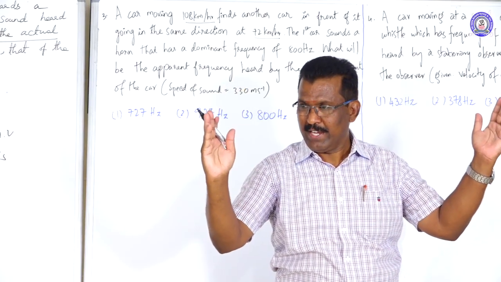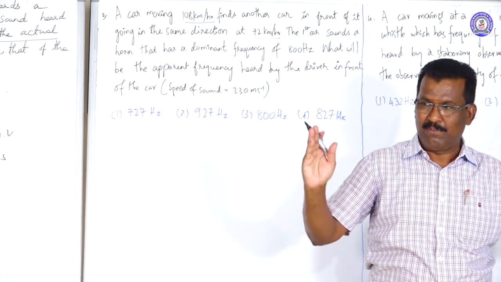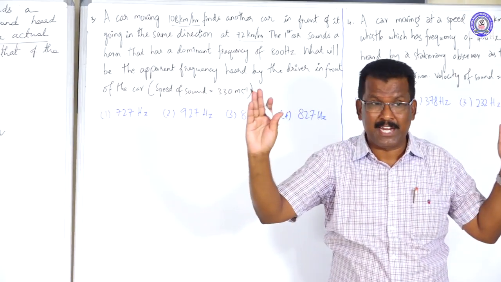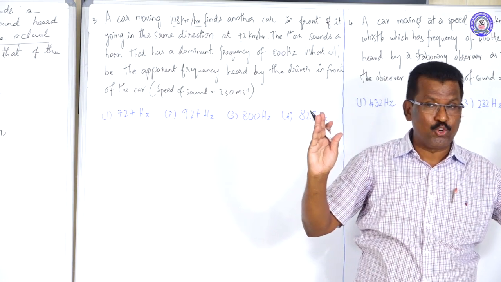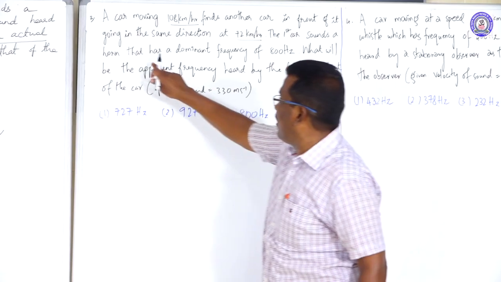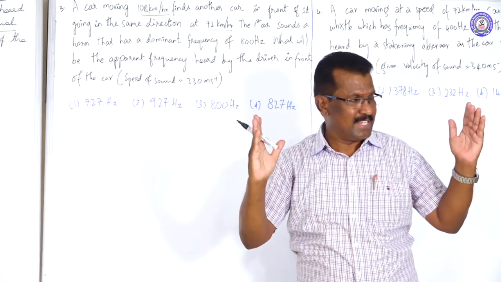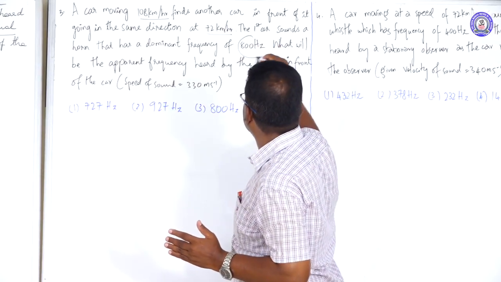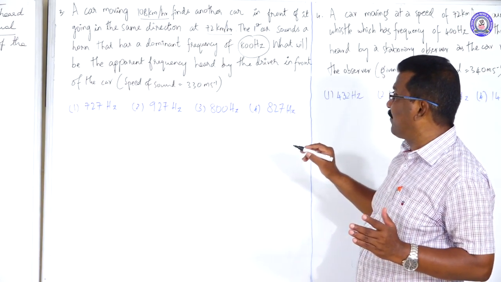The first car, the one chasing the second car, sounds its horn, which produces a dominant frequency of 800 Hz. What will be the apparent frequency heard by the driver in front?